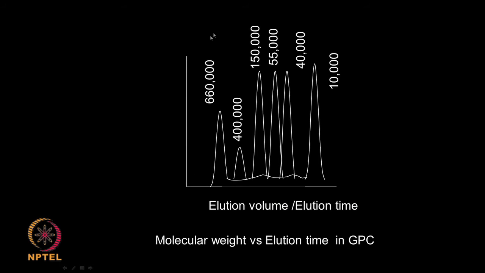If you look at a typical gel permeation or size exclusion chromatogram as a function of elution volume or elution time, the larger molecular weight comes first, and the smaller molecular weight comes out last. So we can easily identify molecules over a wide range of molecular weight. It is a very useful technique for separation as well as for analytical purposes.